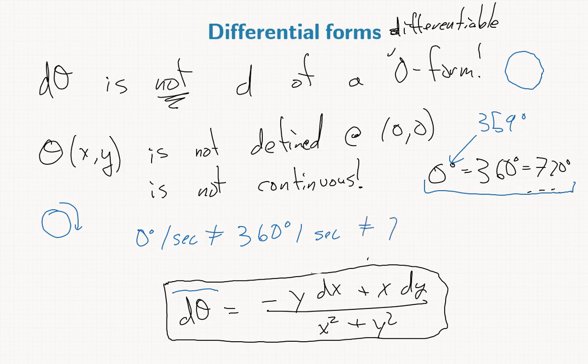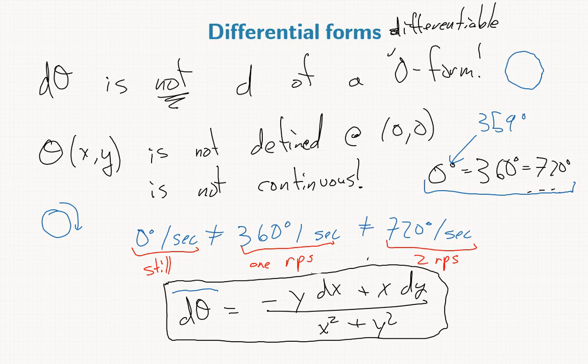It's not the same as 720 degrees per second. Here, there's no motion, it's standing still. Here, this is 1 revolution per second. Here, this is 2 revolutions per second.